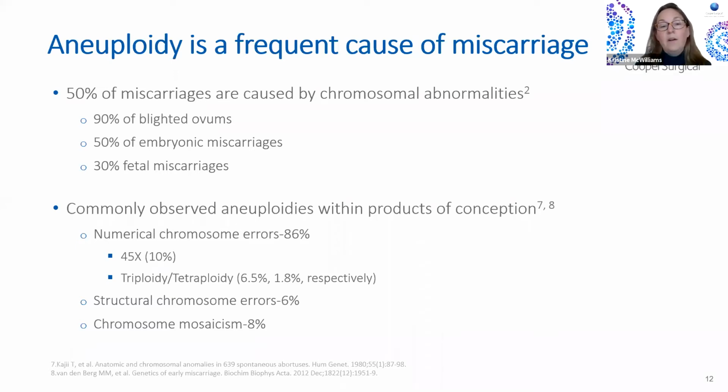And just to highlight a couple of not perhaps so commonly thought of, but commonly observed errors within products of conception: 45X Turner syndrome is observed 10% of the time, and triploidy and tetraploidy are also quite common at 6.5% and 1.8% respectively. Structural chromosome errors and even chromosome mosaicism are frequently observed within products of conception.